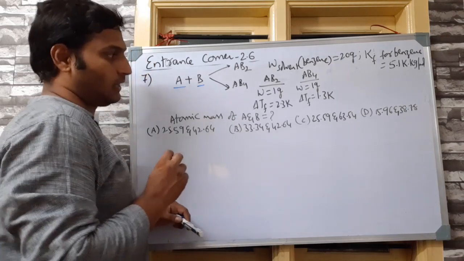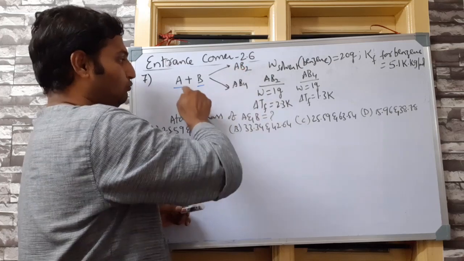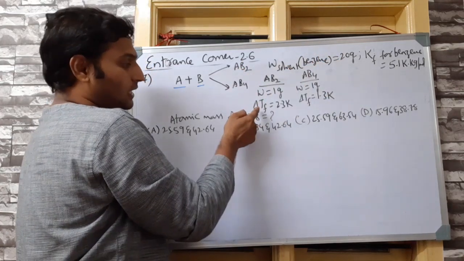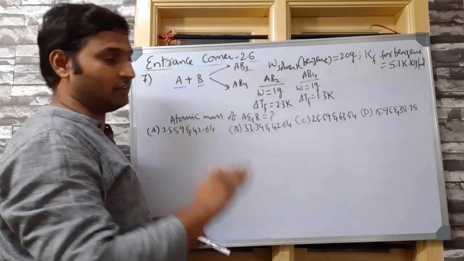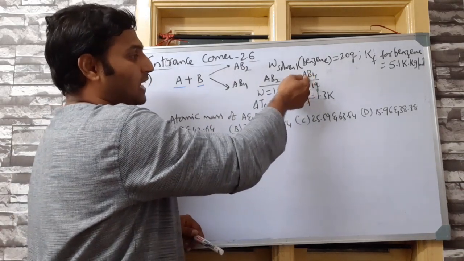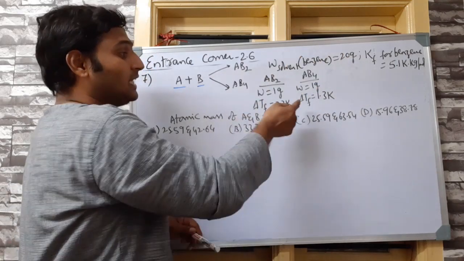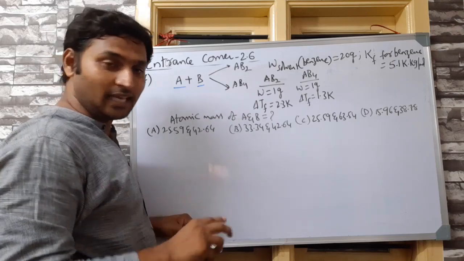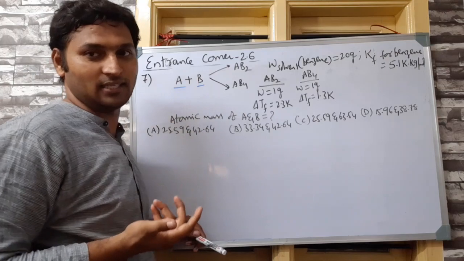Now he is saying when 1 gram of compound AB2 is dissolved in 20 grams of benzene, the freezing point of benzene reduces by 2.3 Kelvin. Depression in freezing point is observed to be 2.3 Kelvin. When 1 gram of the compound AB4 is dissolved in 20 grams of benzene, the depression in freezing point is observed to be 1.3 Kelvin. Then from this knowledge, find out atomic masses of A and B, he is saying.